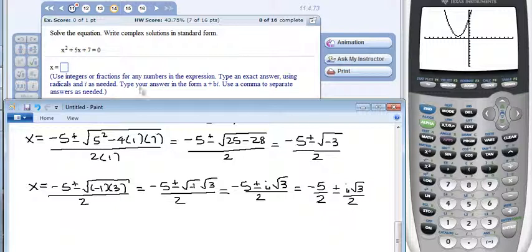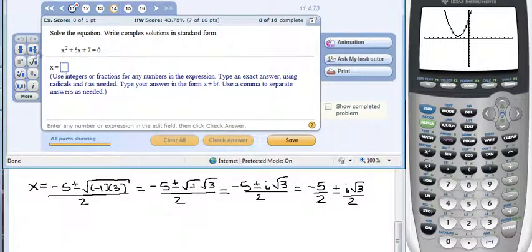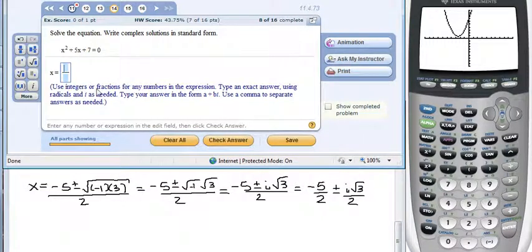Okay, so let's see how we're going to get that in there. Let's do a fraction with a -5 over 2. And we want to do plus, and I have another fraction, and I've got an i up there, and then I've got a square root of 3.